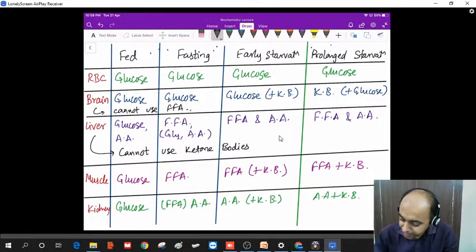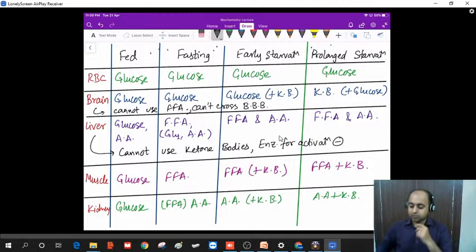The free fatty acid here can't cross the blood brain barrier. The ketone bodies cannot be used because the enzyme for activation is absent. Any questions?